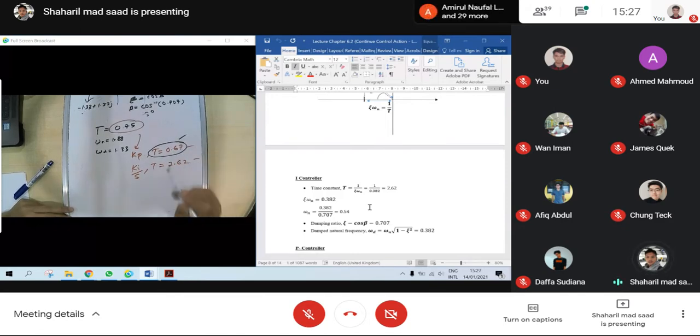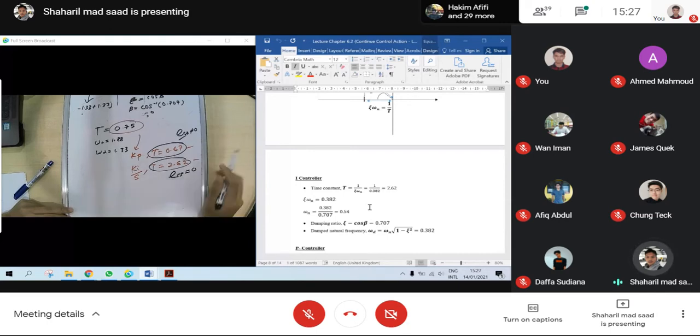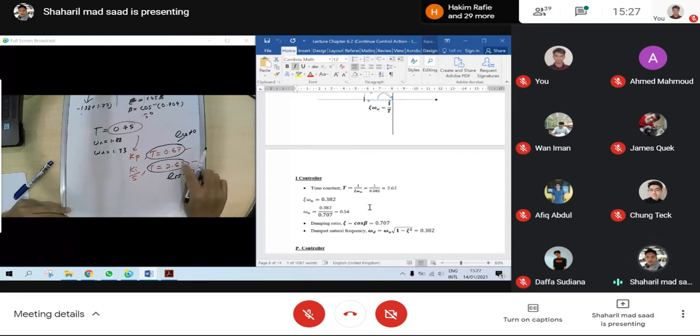However, the steady state error is there. The steady state error is not equal to 0. And then if we only use the integral, of course we can get the steady state error equal to 0. However, the time constant will be quite slower compared to proportional. That is what we're going to discuss.